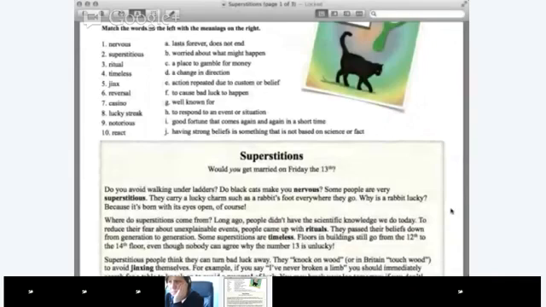It is letter D. A change in direction. Yeah, good job. You guys are doing really well. Number 7, casino. It's C. A place for gambling for money. Exactly. 7 is C.